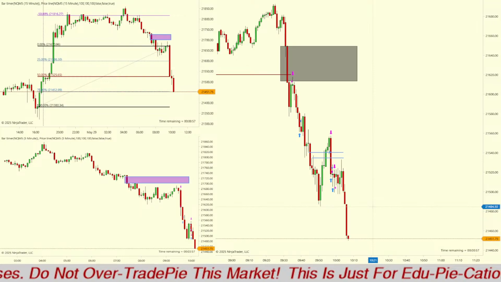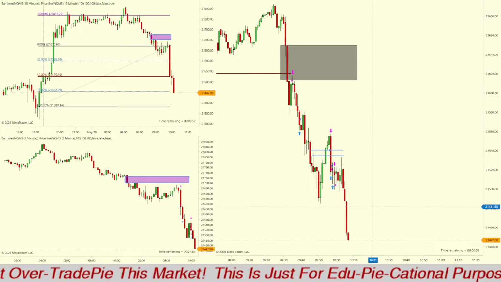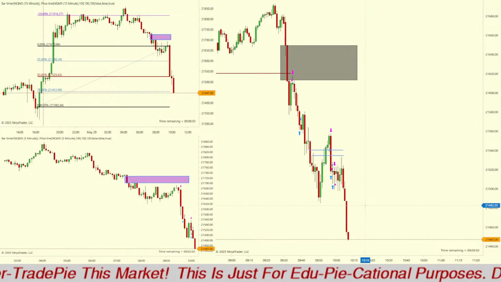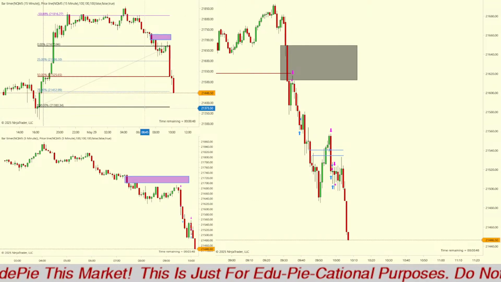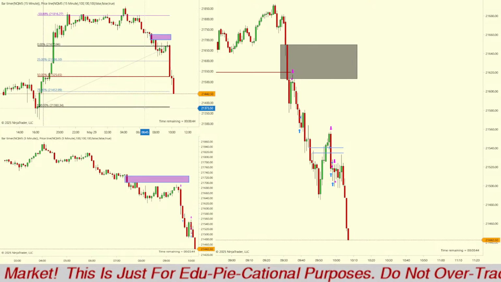Now we tapped into the lower quadrant and we are going to reach towards the closing price at 4:15 of yesterday's trading session.